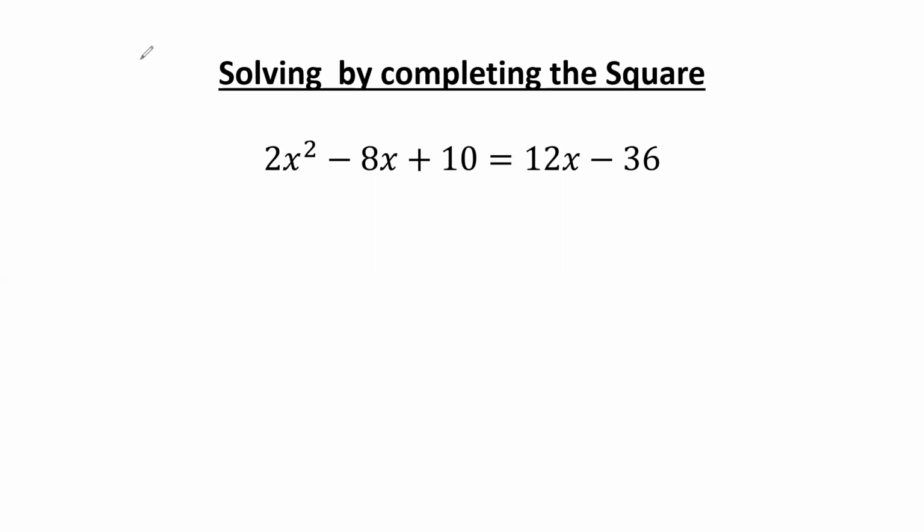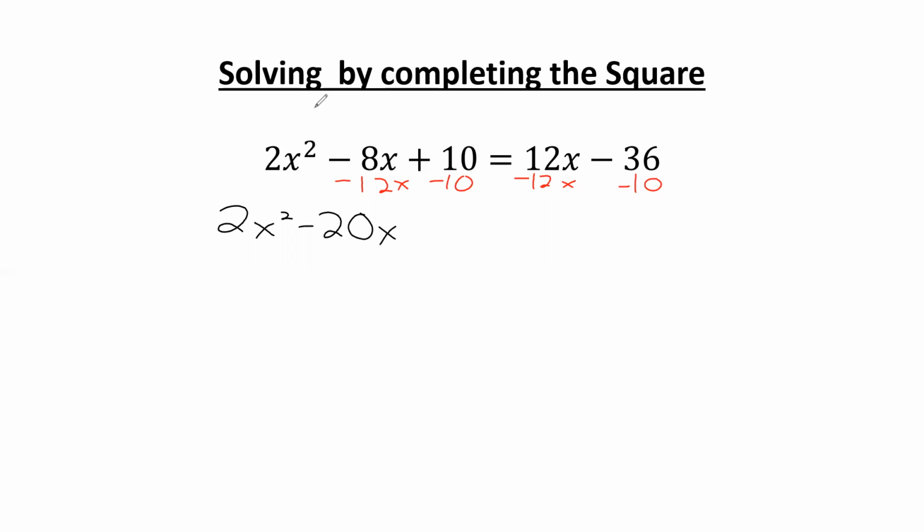So I'm going to have this 12x. I'm going to bring it over. The 10, I'm going to push it over to the other side by subtracting it. So when we do that, we now have 2x squared minus 20x. Oops, I forgot my x tag on that one.